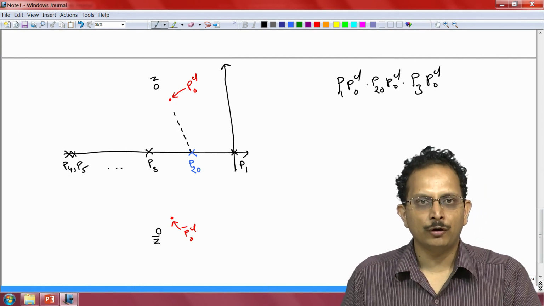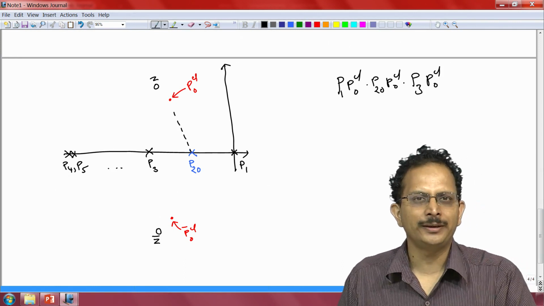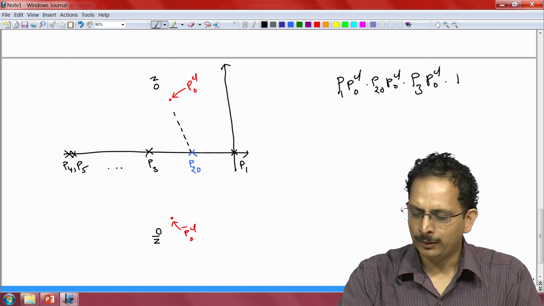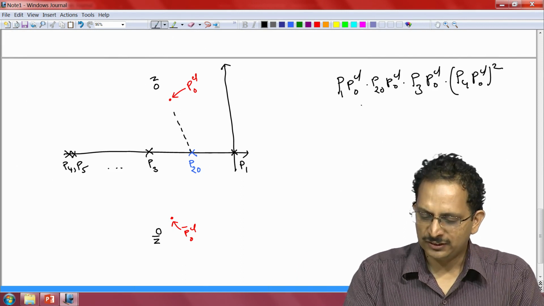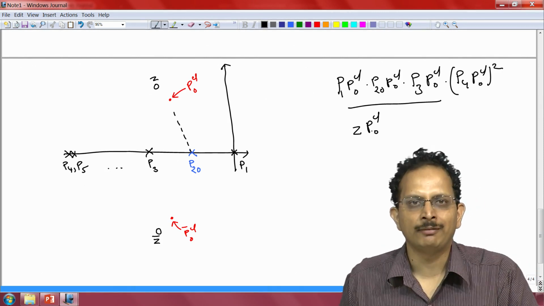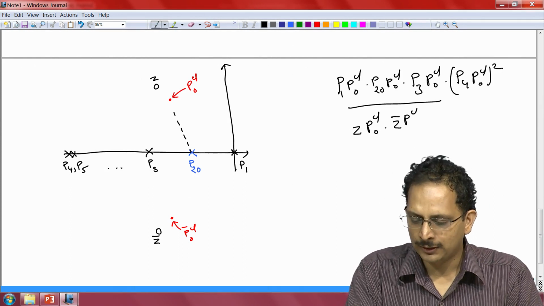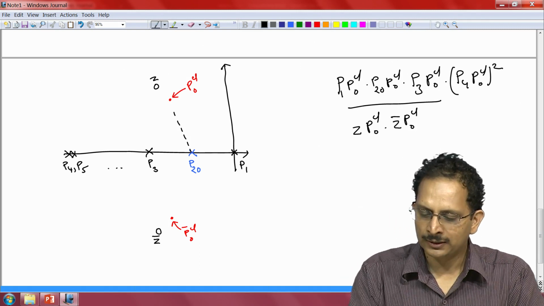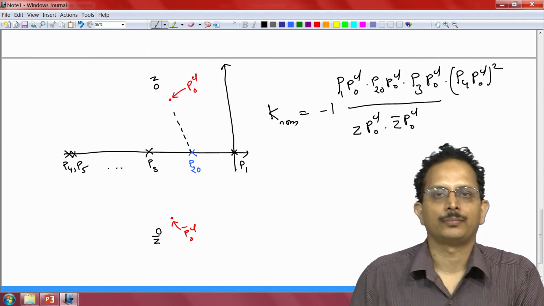Similarly, S plus P4 and S plus P5, since P4 and P5 are coincident poles, will essentially be S plus P4 the square, and evaluated at the point PCL naught will give me P4 PCL naught the square. This divided by Z PCL naught, which represents S plus Z evaluated at the point PCL naught, and Z bar PCL naught, which represents S plus Z bar evaluated at the point PCL naught, times minus 1 gives me the nominal gain K nominal.